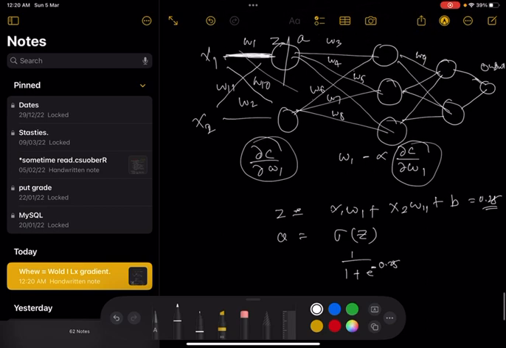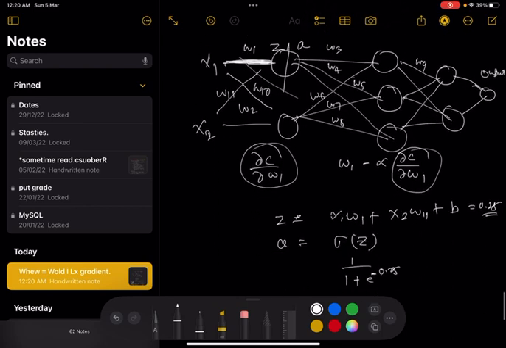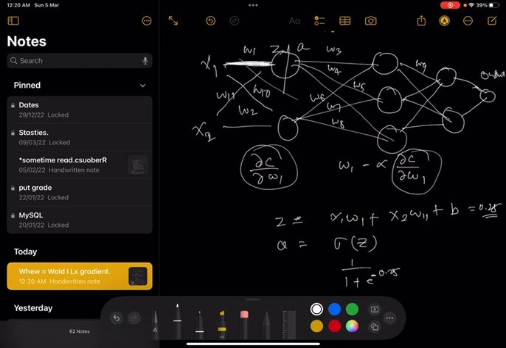Then this a will be calculated at both these nodes, and will pass to the next node by weighted sum of inputs. For the first node it will be a1 w3, plus the value coming from the second node of the previous layer, a2 into w6, and it passes on like that.